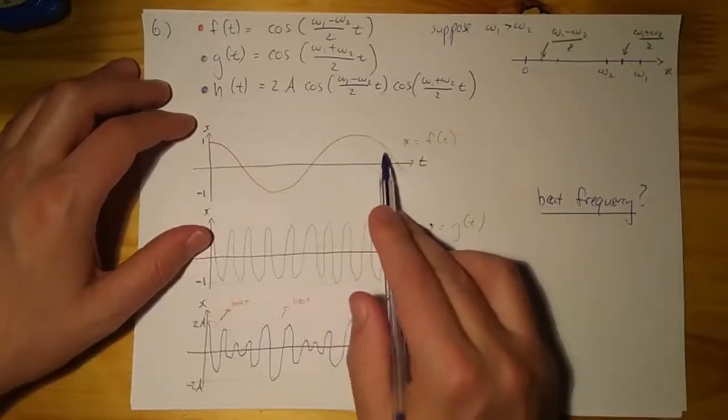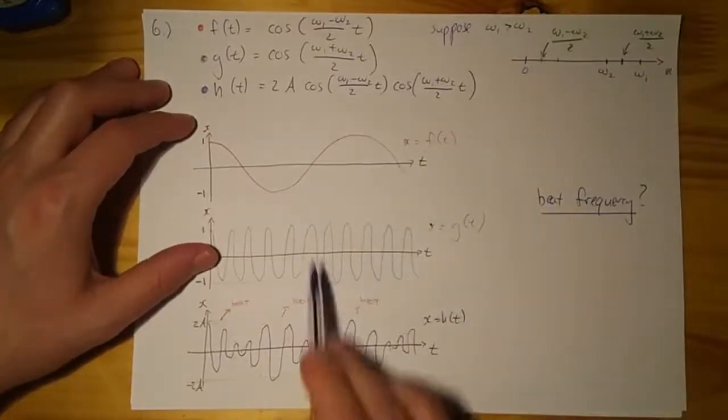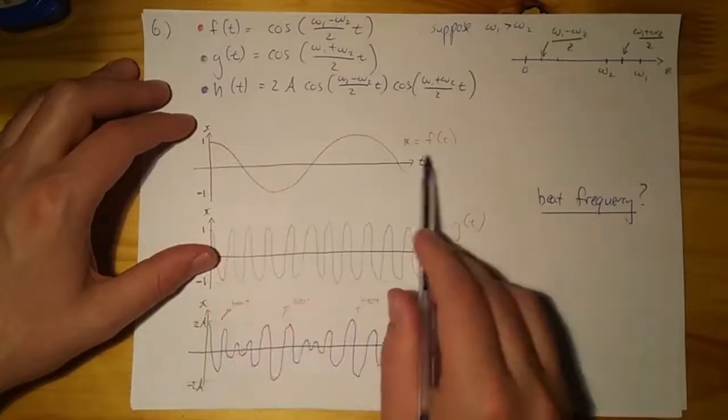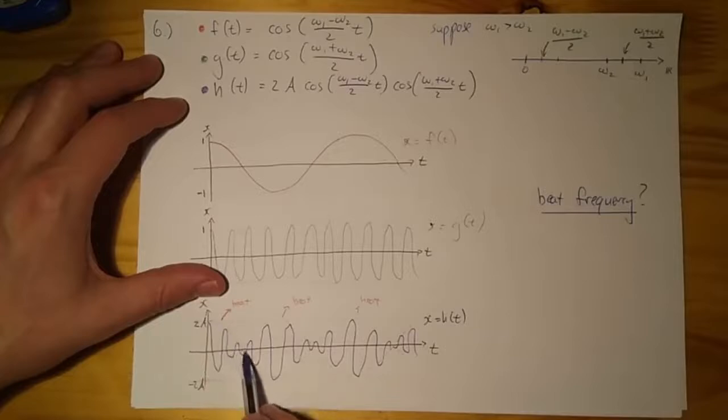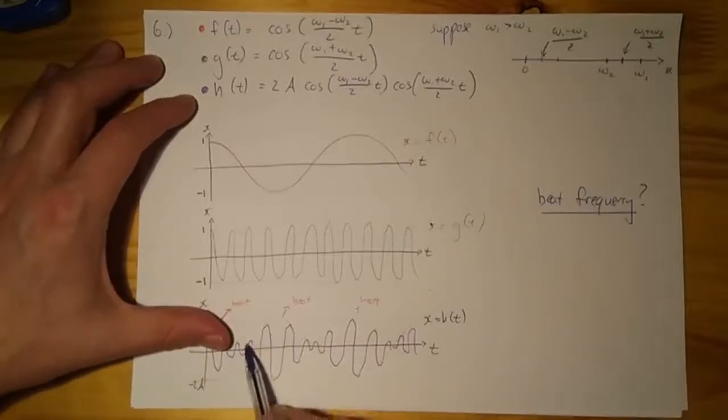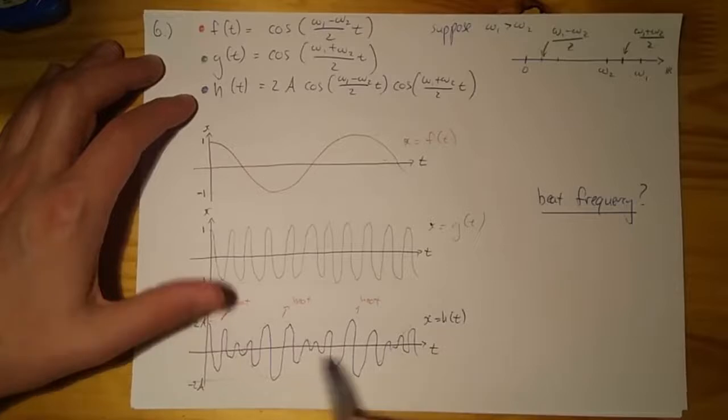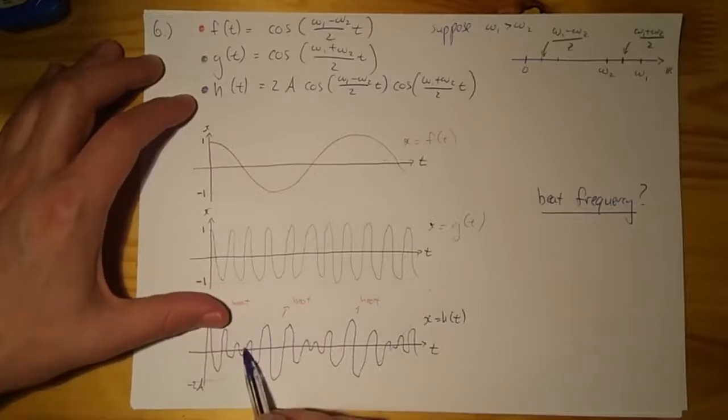That might make sense initially. But the time it takes for this red one, this f of t, to do one complete oscillation is from there to there. That is one oscillation, one cycle of the f function. But in that time, we get 2 beats.